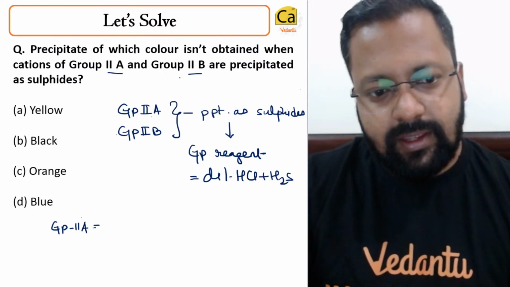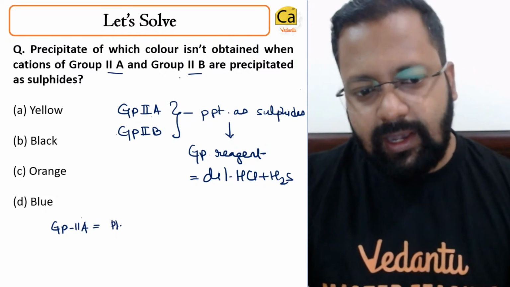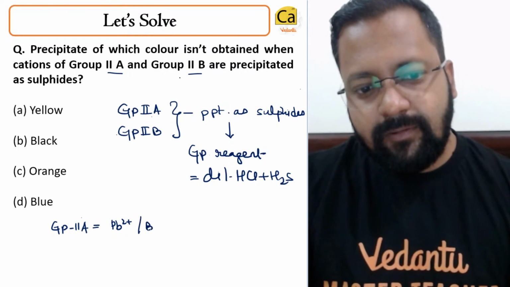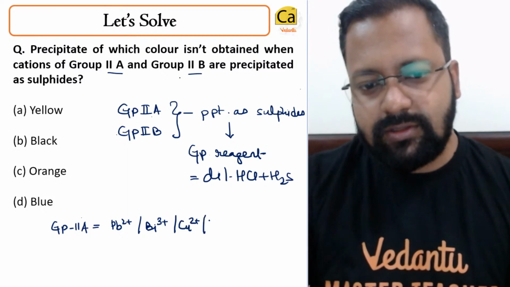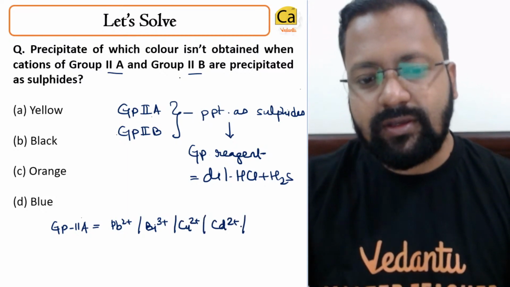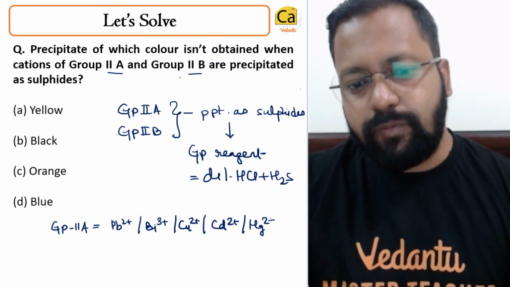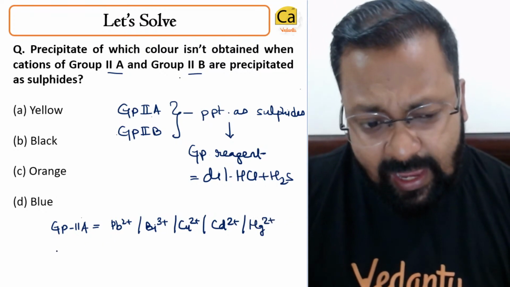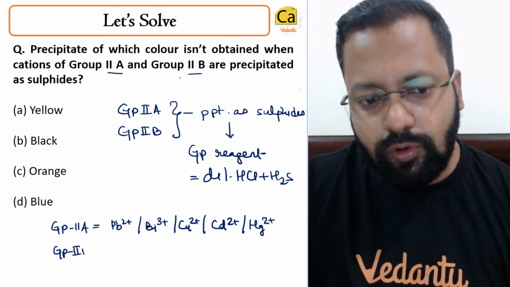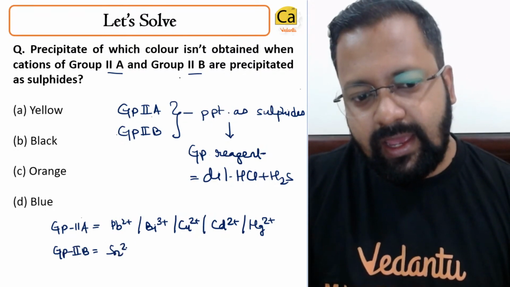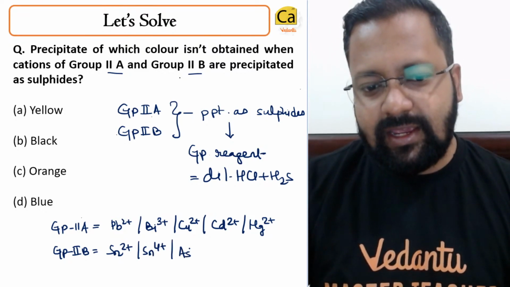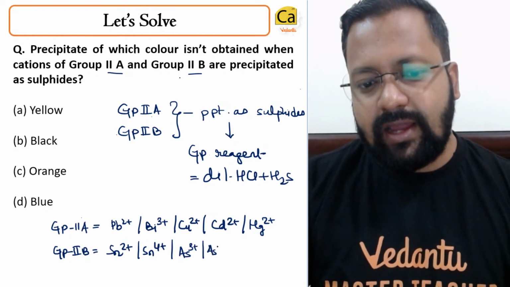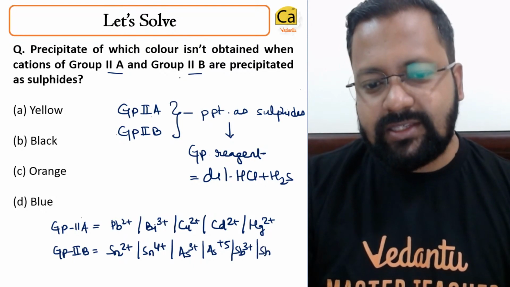Group 2A contains lead, bismuth, Cu2+, Cd2+, Hg2+. And group 2B contains Sn2+, Sn4+, arsenic 3+, arsenic 5+, Sb3+, Sb5+.